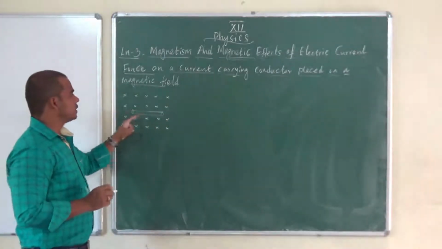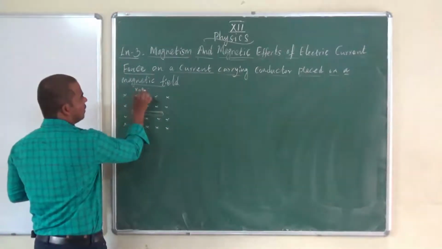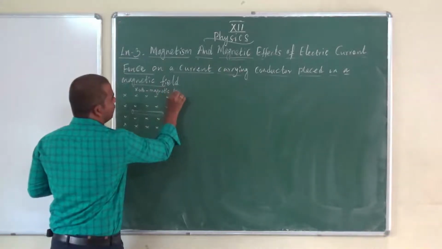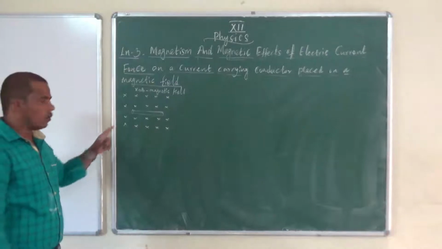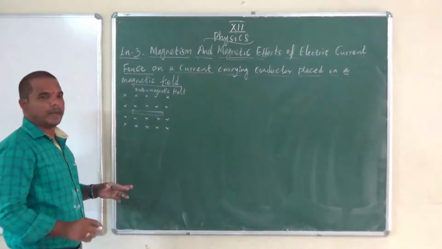The current carrying conductor is placed here, and the cross symbol indicates the magnetic field. Uniform magnetic field, perpendicular to the plane of the paper.